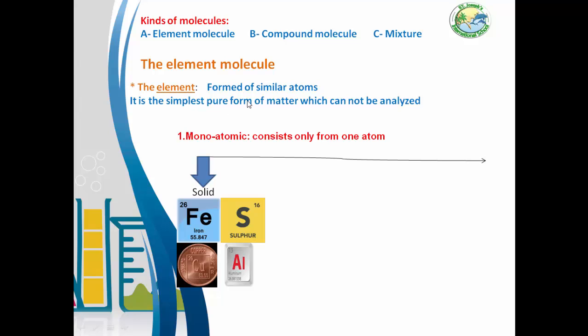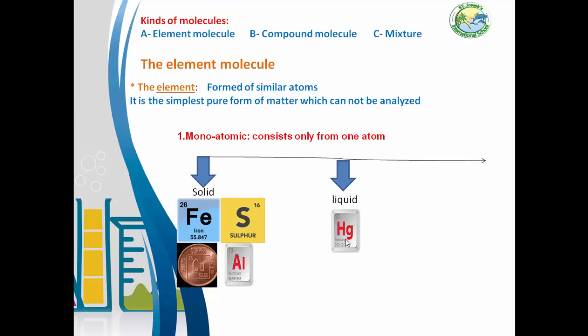Element is the simplest pure form. It can't be analyzed. The first type of element is monoatomic. The monoatomic element consists of only one atom. It may be solid like iron, sulfur, copper, aluminium, magnesium, carbon. It can also be liquid like mercury.